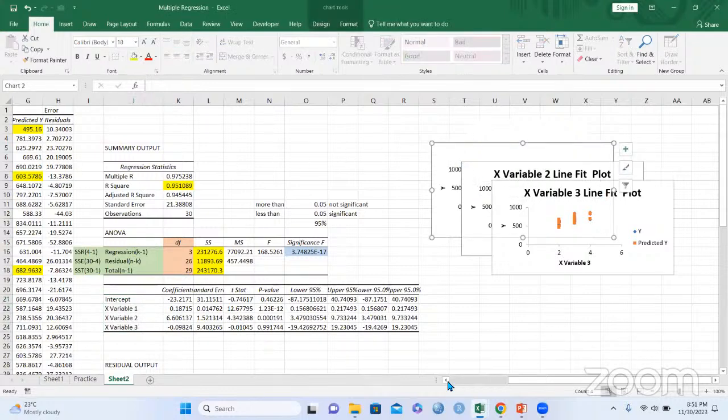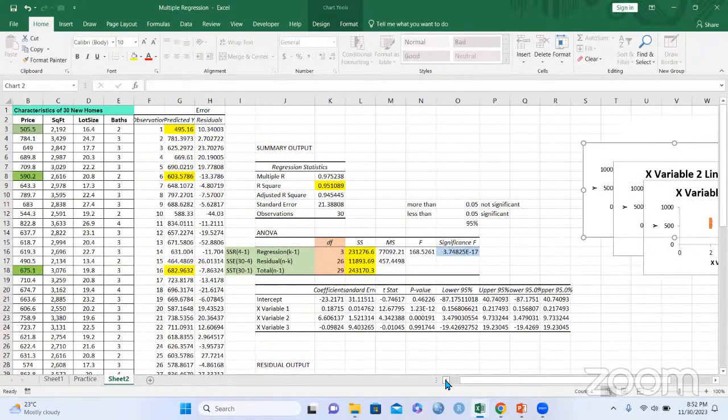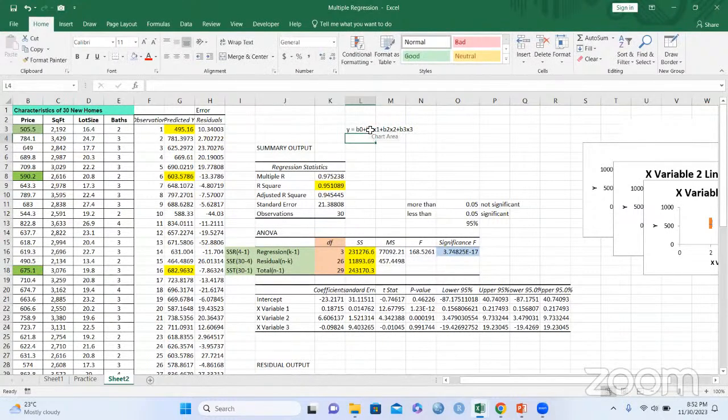For this multiple regression, we have seen that y is equal to b0 plus b1 x1 plus b2 x2 plus b3 x3. Here we have got only three variables, right? b0 is the intercept, b1 is the first variable, that is square feet, b2 is the second variable, that is lot size, b3 is the third variable, that is number of bathrooms. So this table will tell about which are important.